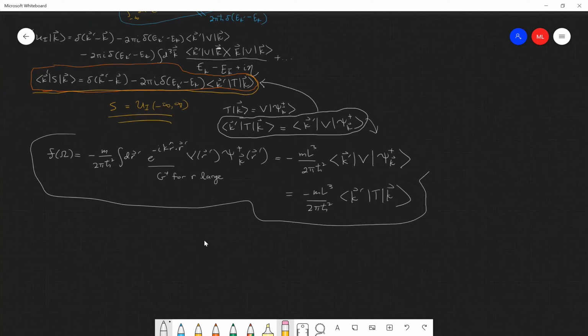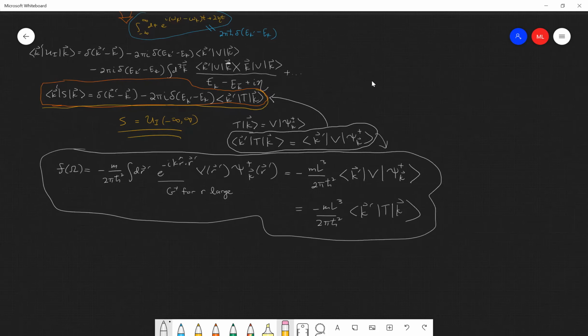It also gives you the scattering amplitude. And notice that if you replace T with V, then you just get the Born approximation for scattering. And the higher order terms give you the corrections to the Born approximation.